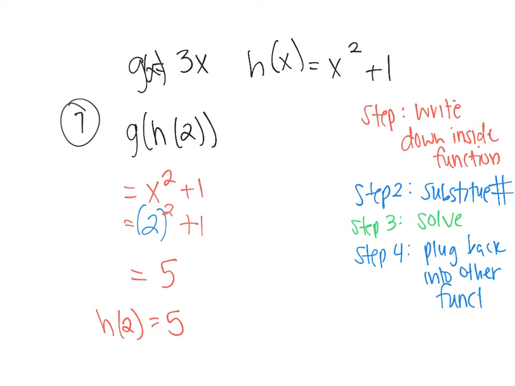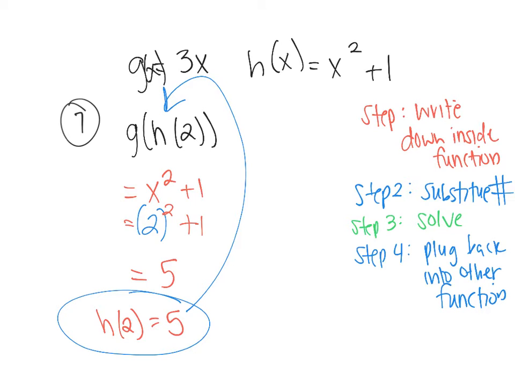We are going to plug this back into our function. So now I know what h of 2 is. What's h of 2? Okay, so now this becomes g of 5.